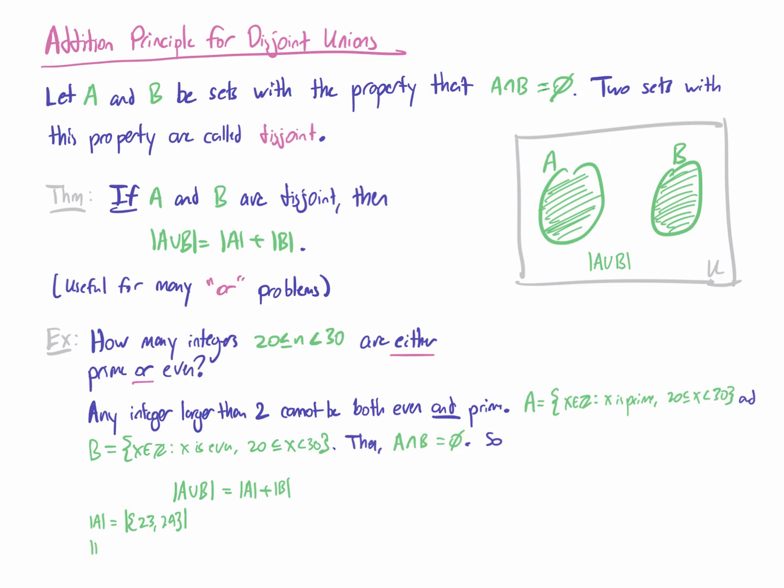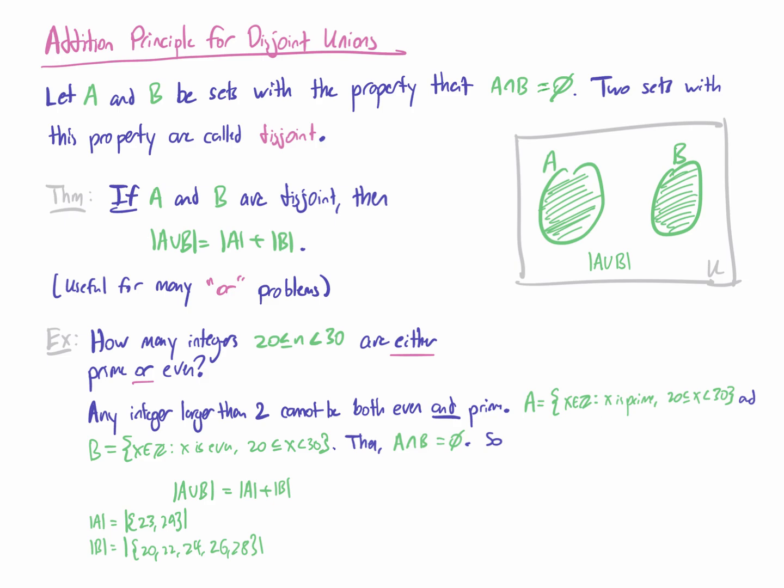And then B is the set 20, 22, 24, 26, 28. Notice that we can see the disjointness when we write out in roster notation because there's no number that's in both set A and set B.